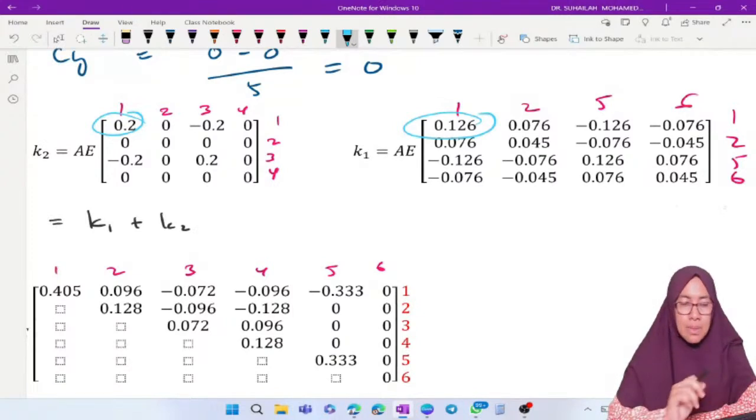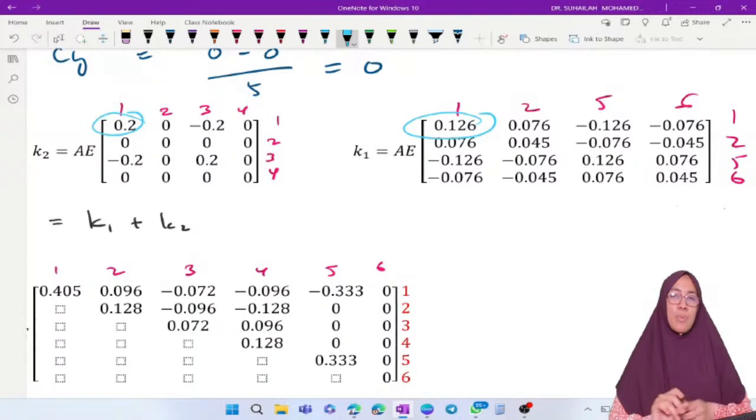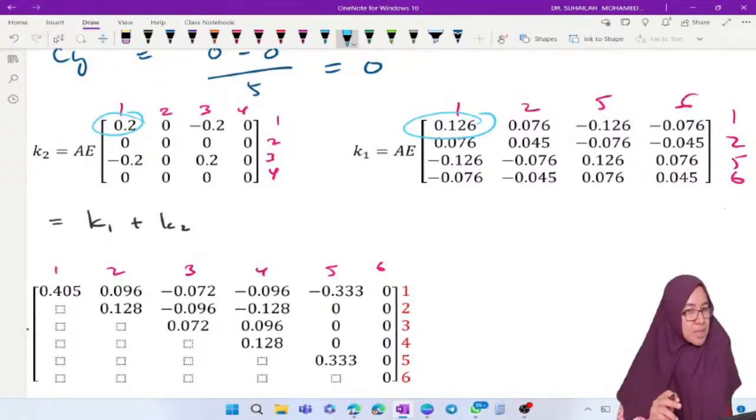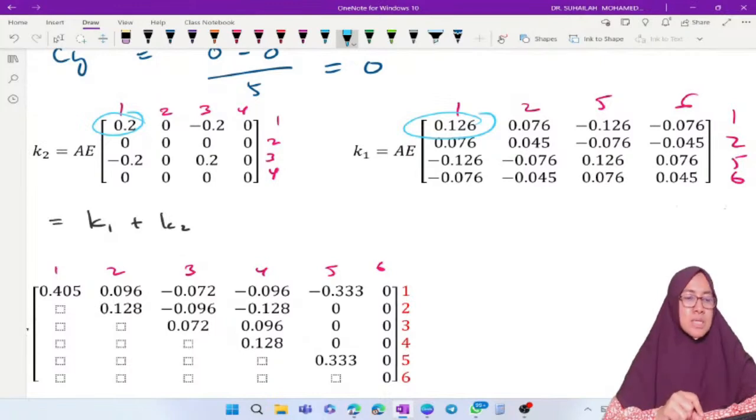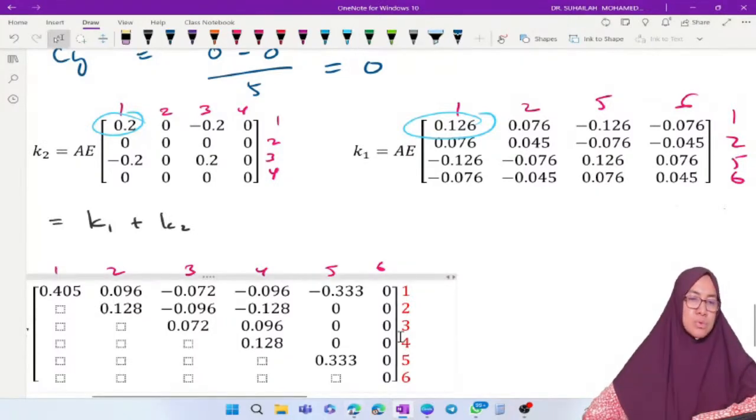Okay, it is 0.2 plus 0.126, same position, 1, 1. So it is 0.326.